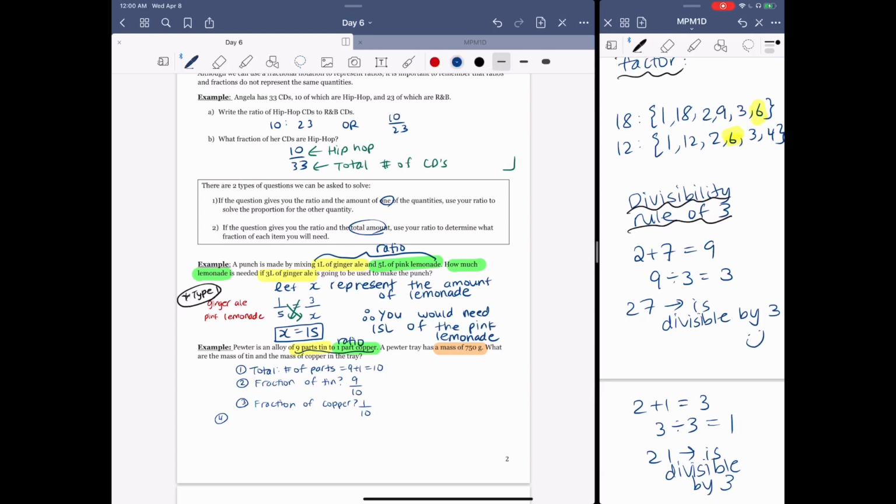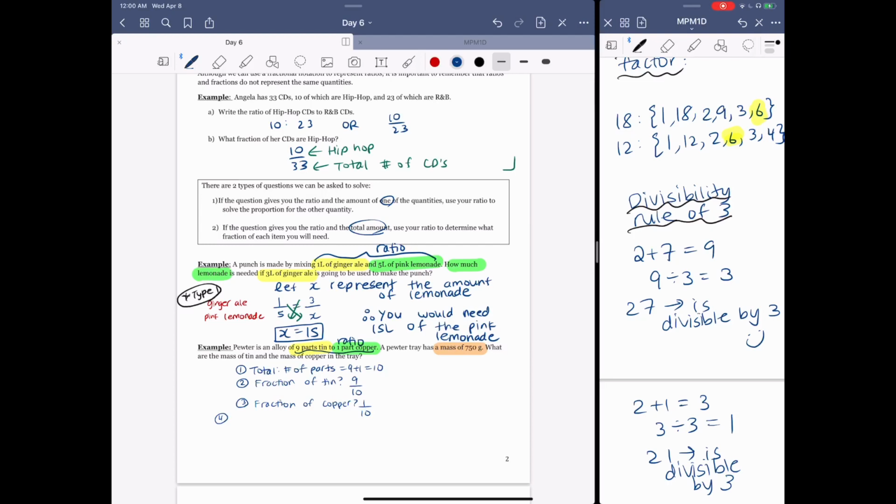Well, a hint is, what kind of word did I use? I used the word of. And what does of mean in math? Well, we've said that if you have a certain number of something, the of really means multiplication. So if you have 9 over 10 of 750, how do you set that up as an equation?